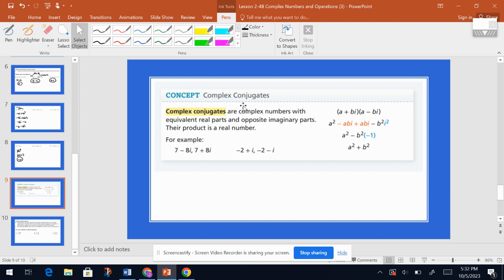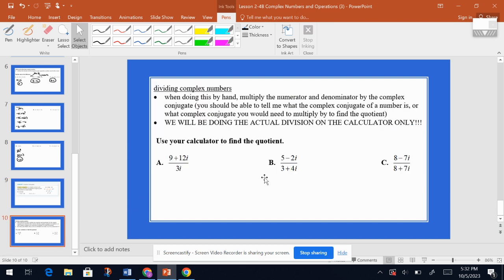We talked about conjugates before. For a complex conjugate, all we do is change the sign in the middle. The reason this is introduced is that with a division problem like this B here, if I was doing it by hand, we'd have to multiply top and bottom by the complex conjugate, 3 minus 4i. We're not going to spend time on that.